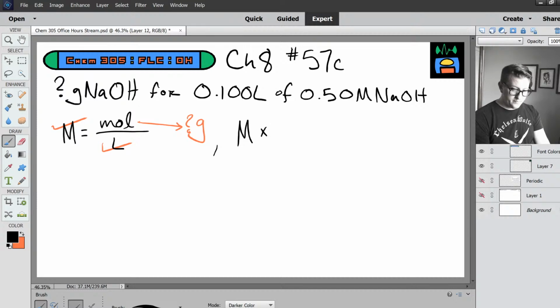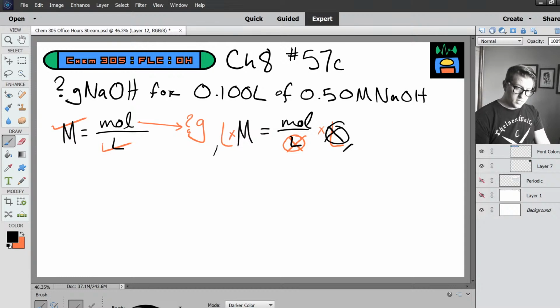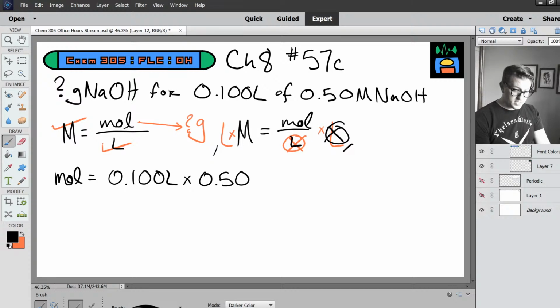So step number 1 is do a little algebra. We've got molarity is equal to moles over liters. So we can isolate moles on one side of this equation if we multiply both sides by liters. So moles of sodium hydroxide are equal to its volume in liters, 0.100 times 0.50 moles of NaOH over liters.